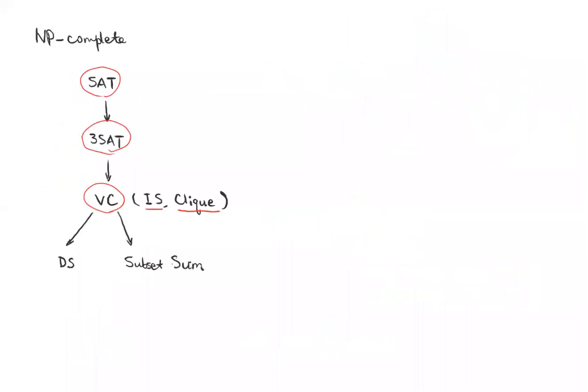So what we have now: dominating set is also NP-complete. Now we are going to discuss a reduction from vertex cover to subset sum. This one is not obvious at all. If you look at these two problems, they're totally irrelevant, because in the subset sum problem we have a collection of integers, and I just remind you what the problem is, we need to find a subset whose sum equals exactly a given number, say 100.